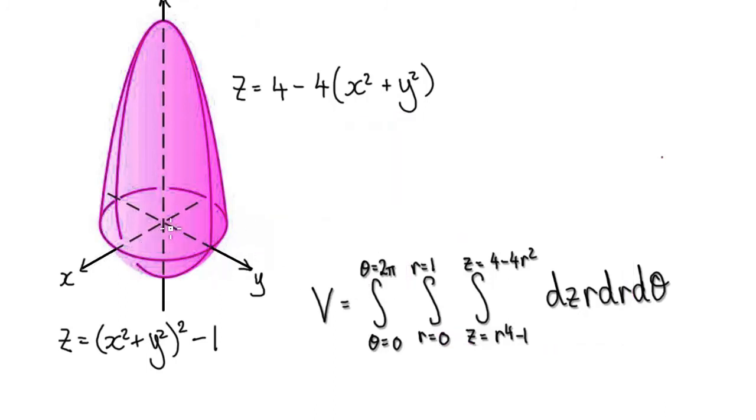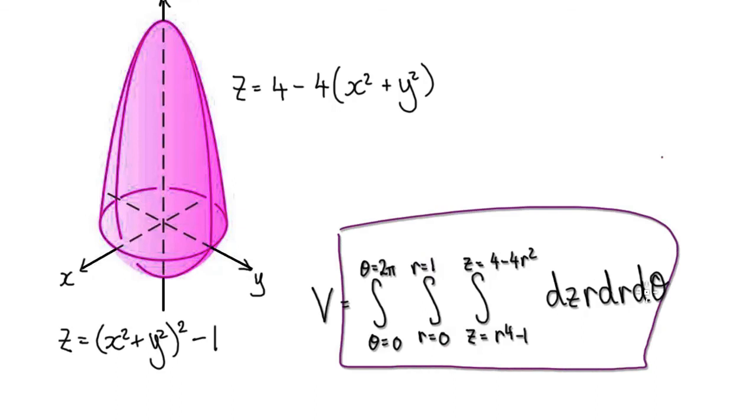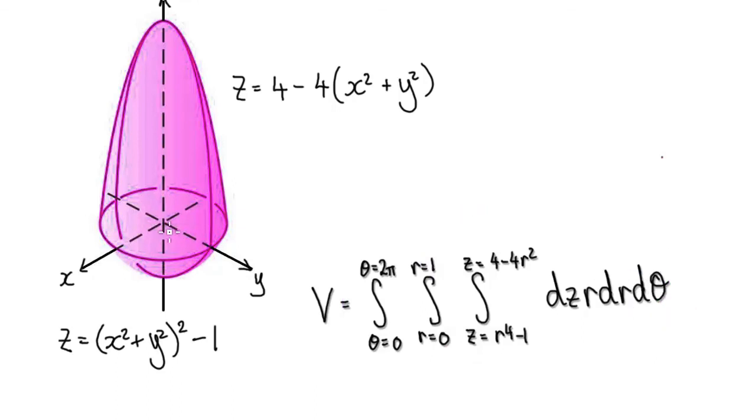So you're integrating from a radius of 0 to a radius of 1. Now looking at the angle theta, you're integrating from an angle of 0 all the way around, 360 degrees, so from theta equals 0 to 2 pi.